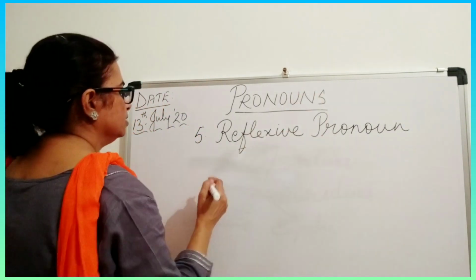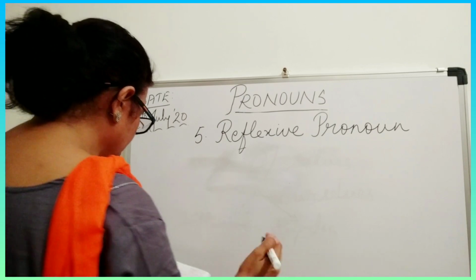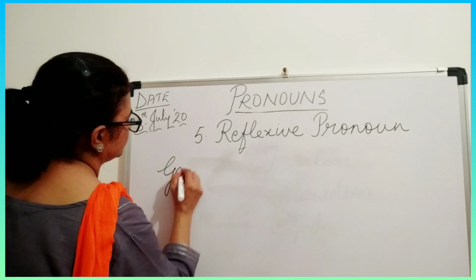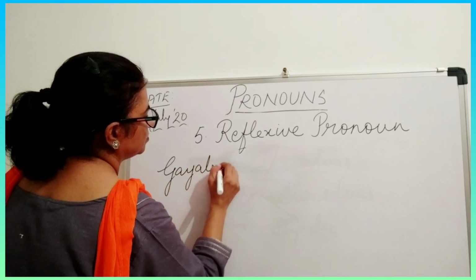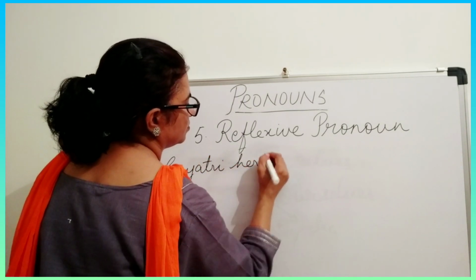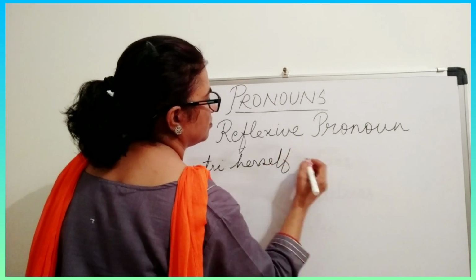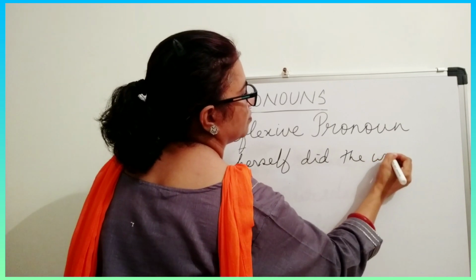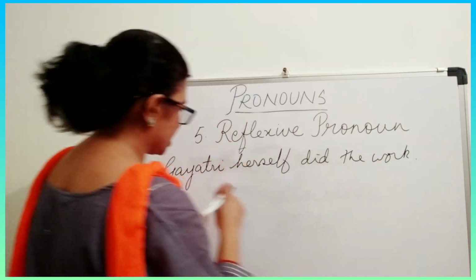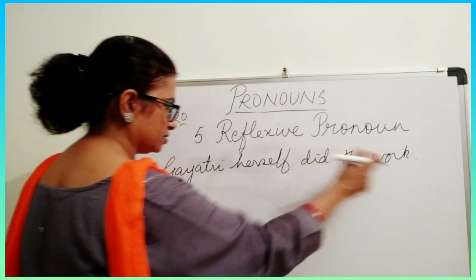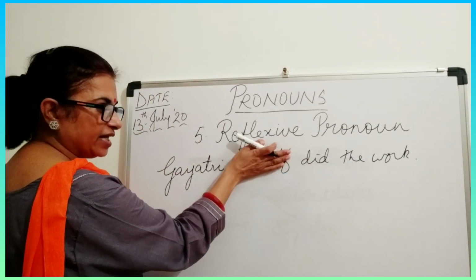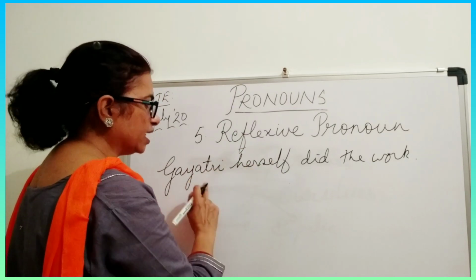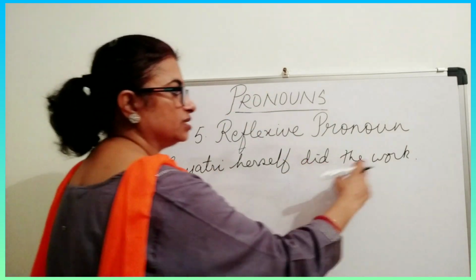Like the sentence I am writing, Gayatri herself did the work. If I hide this, Gayatri did the work, even this will do. But still they have written Gayatri herself did the work.